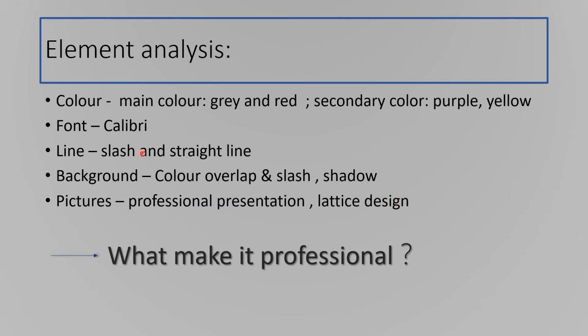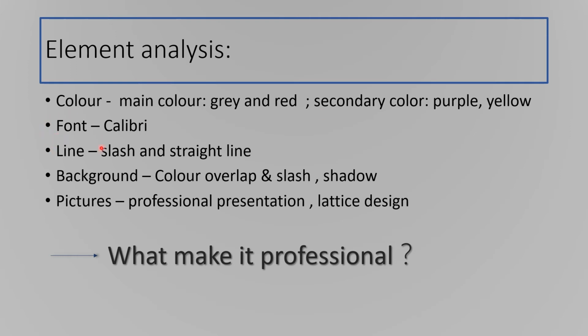So when we're going to design a PowerPoint, we can do an element analysis. Like we can choose the colors, and how we organize the colors. It's better to choose colors that are quite consistent and close to each other. Sometimes we need to use some conflict colors, but that is used to emphasize some information in other situations.